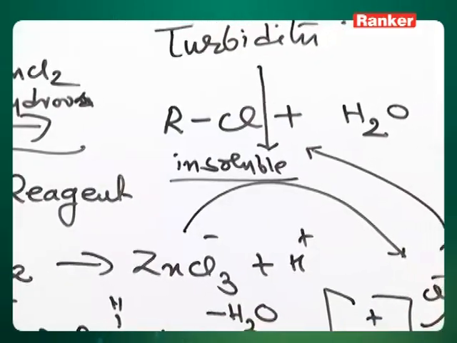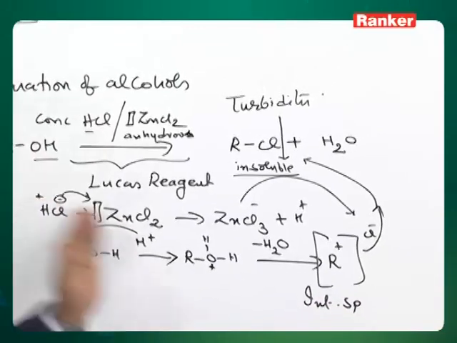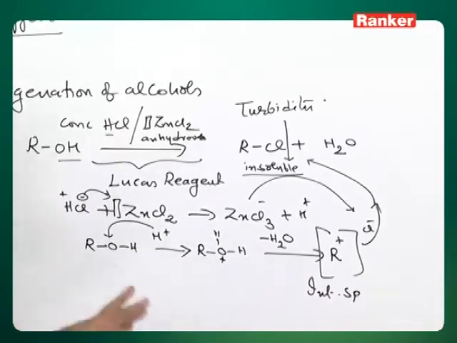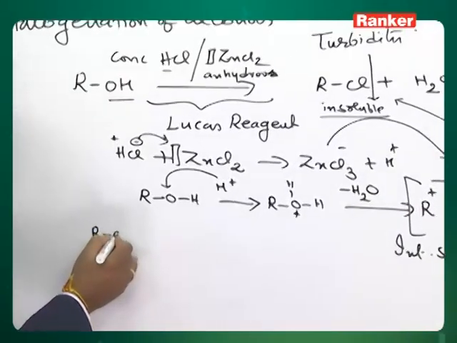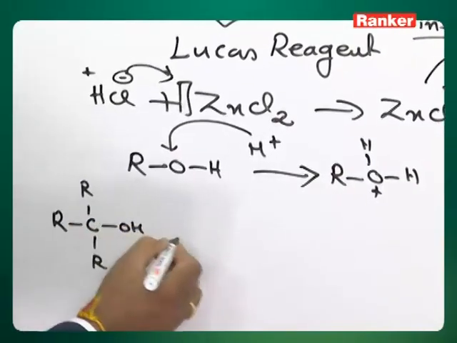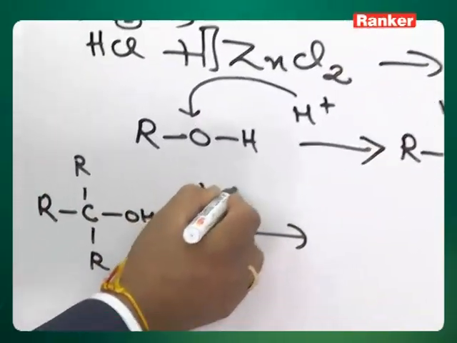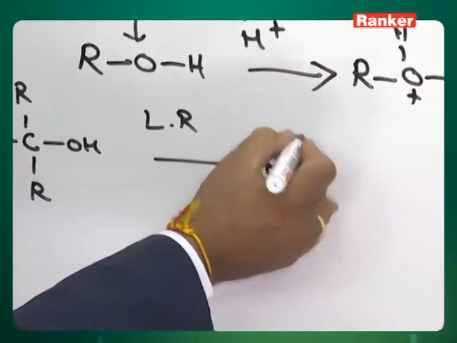Now, the criterion here: I will take three different types of alcohols, and all will give turbidity because all are going to give alkyl halides. But if I take a tertiary alcohol and add the same Lucas reagent, the tertiary alcohol passes through a tertiary carbocation.